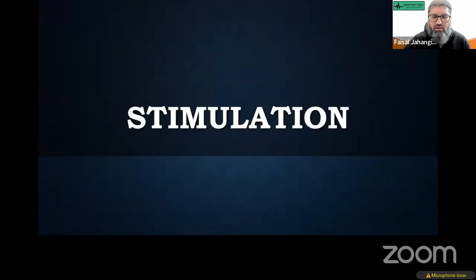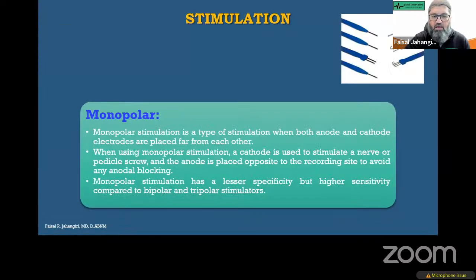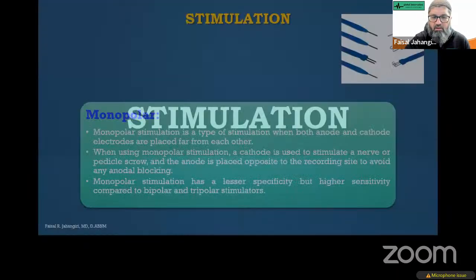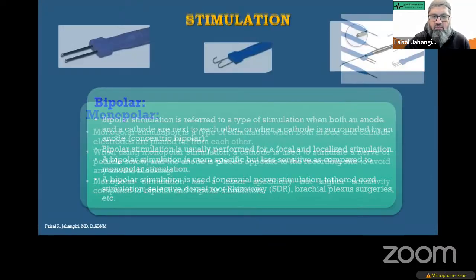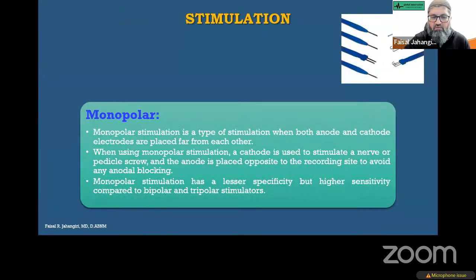There are different types of stimulators we use. We can stimulate with a monopolar, bipolar, or tripolar electrode. When we are stimulating, we stimulate with the cathode, and the return comes from the anode. If the stimulation is on the nerve and the return is far away, then it's a monopolar electrode.